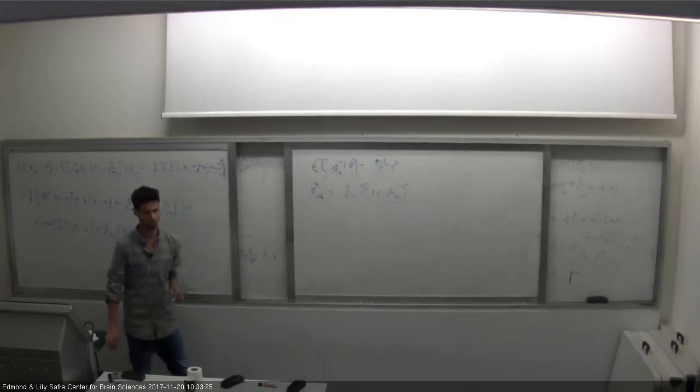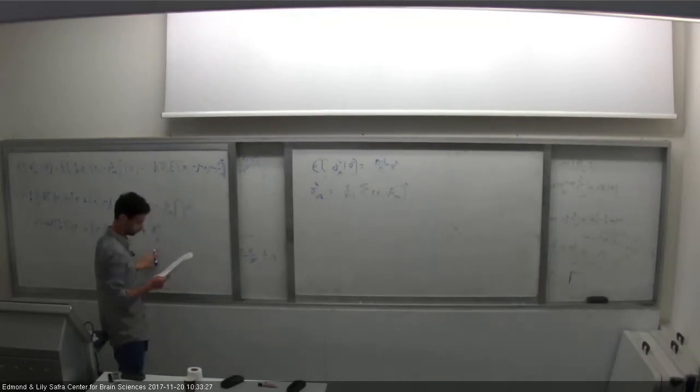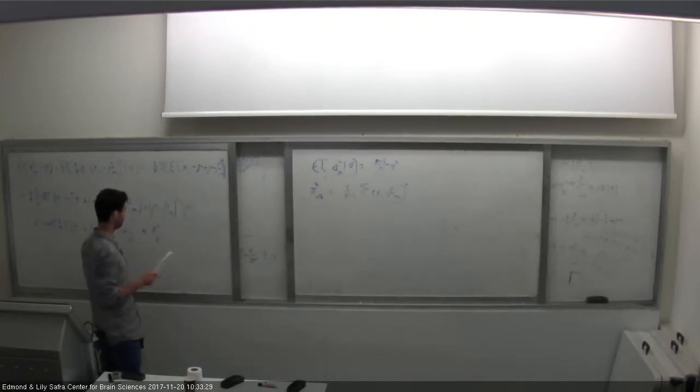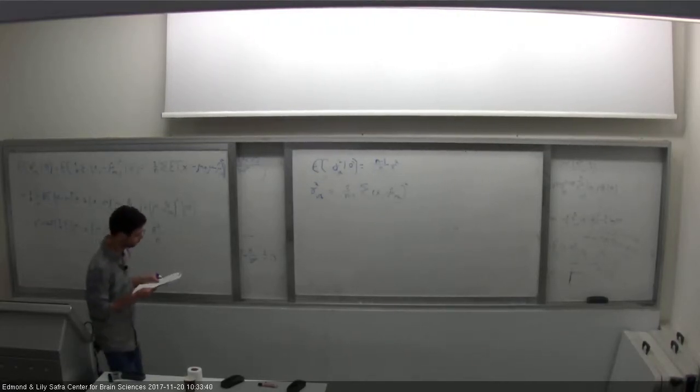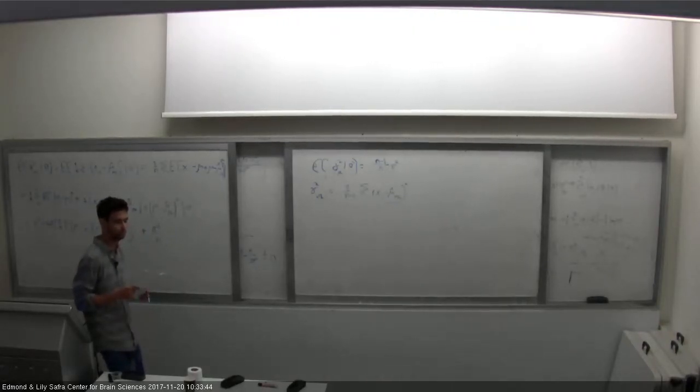Can you repeat again? Where did the second term go? Here? No, the other one. What do you mean? It's the expectation of mu minus mu, the estimator of mu. And it's 0?